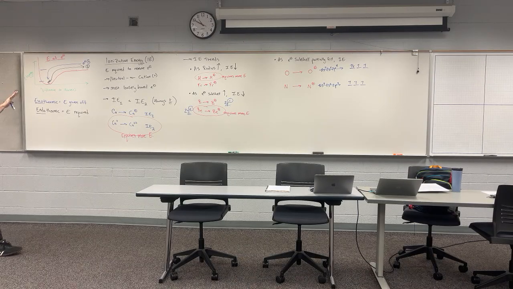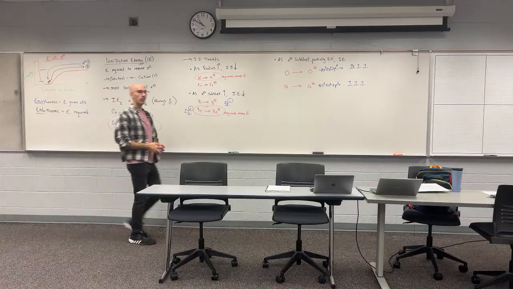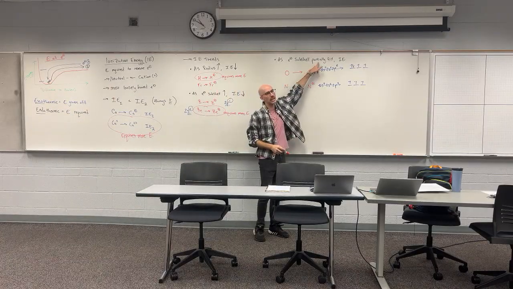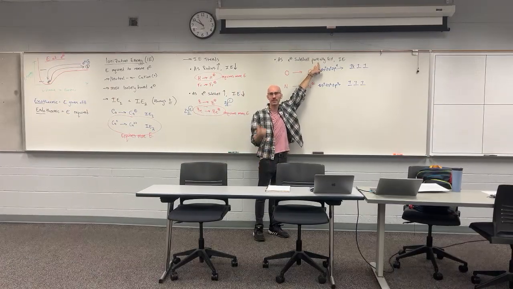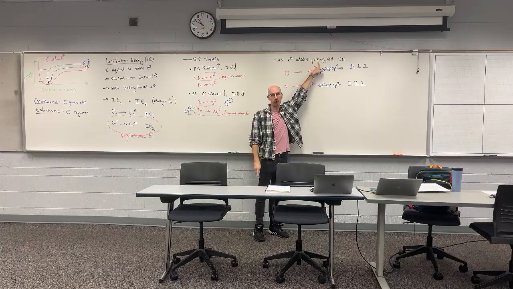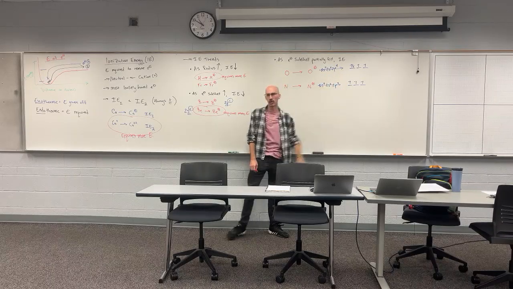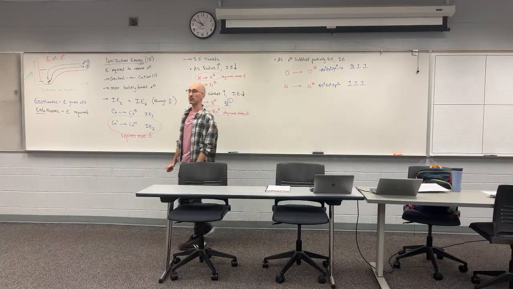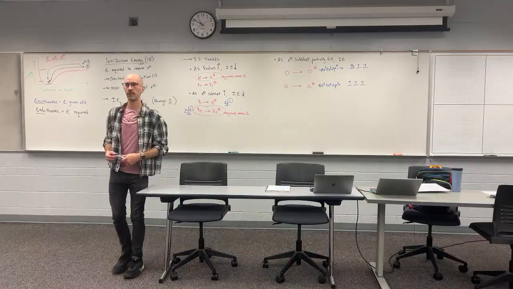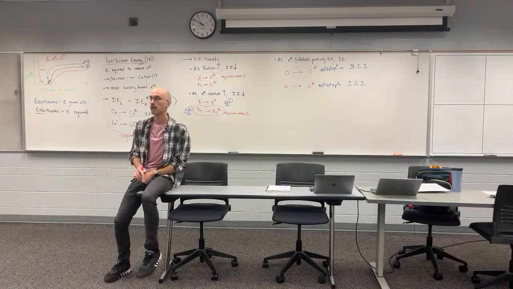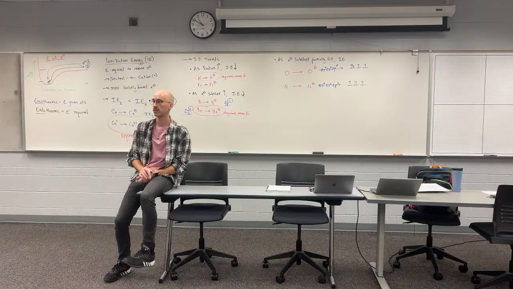When we say partially fill, we should say beyond halfway. Once they get beyond halfway, what happens to the ionization energy? Which of these do you think will be harder to pull an electron from? Which of these do you think will be easier to pull an electron from? And you know that from the reading? Or you know that intuitively?